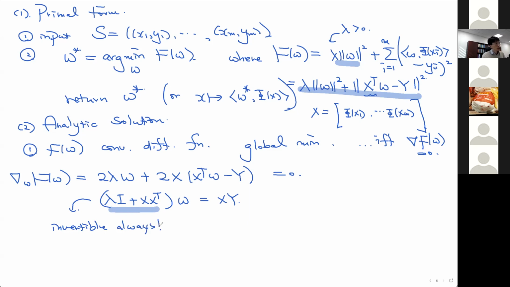So why is that the case? The reason is, think about its eigenvalues.